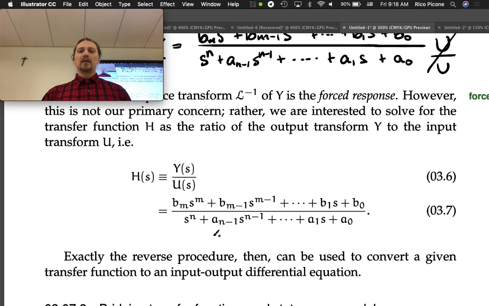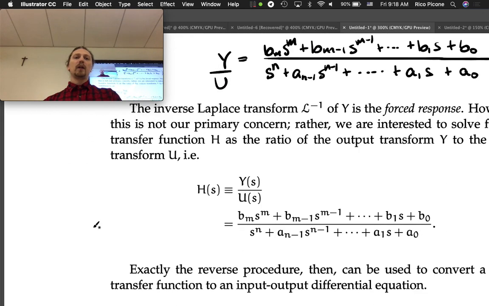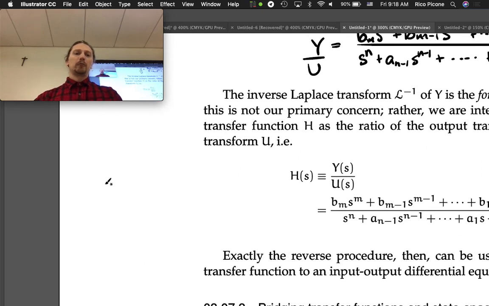So exactly the reverse procedure can be used to convert a given transfer function to an input-output differential equation. We just went from the ODE, the differential equation, to the transfer function, H of s.